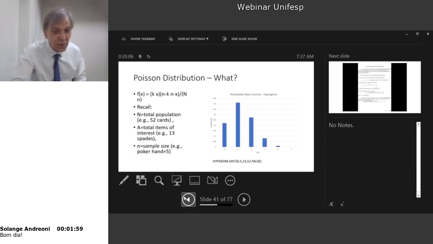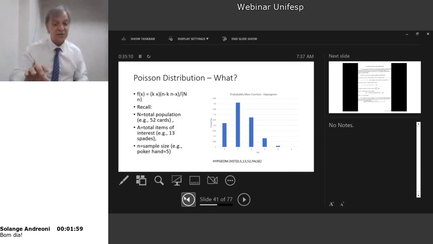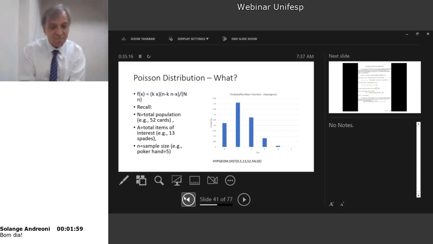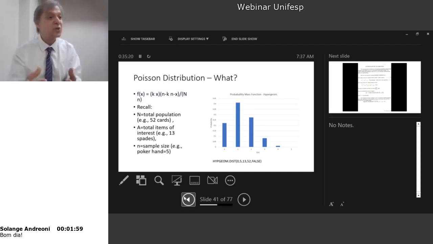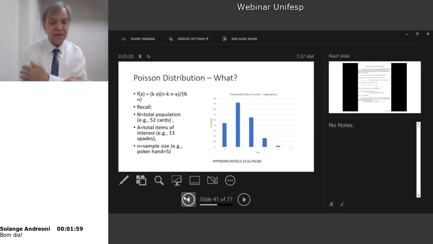So what I did is I went to Excel. If you type in Excel equals, capital letters, HYPGEOM.DIST, in the parentheses, you put your arguments. Your arguments are, I want to know what are my chances, my odds of getting 0 spades in a poker hand of 5 cards. Okay, so that's my first argument in Excel.